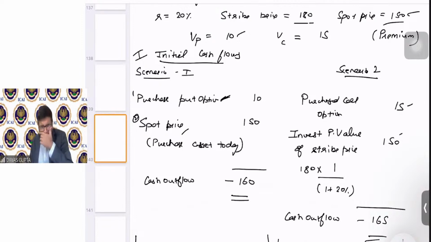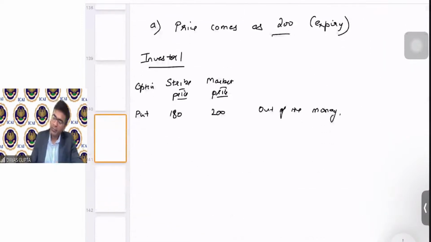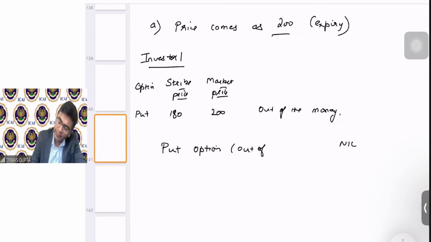So put option, subsequent cash flow will be nil. Correct? Because it is out of the money.